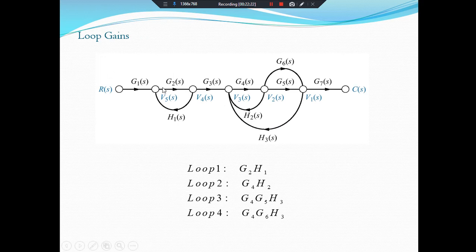In this case, G2H1 is non-touching with G2H2 and G4H2, but loop 3 and loop 4 are touching because they have common nodes G4, G5 and H3, G4, G6 and H3. If any two or three loops don't have any common node, they are non-touching loops.